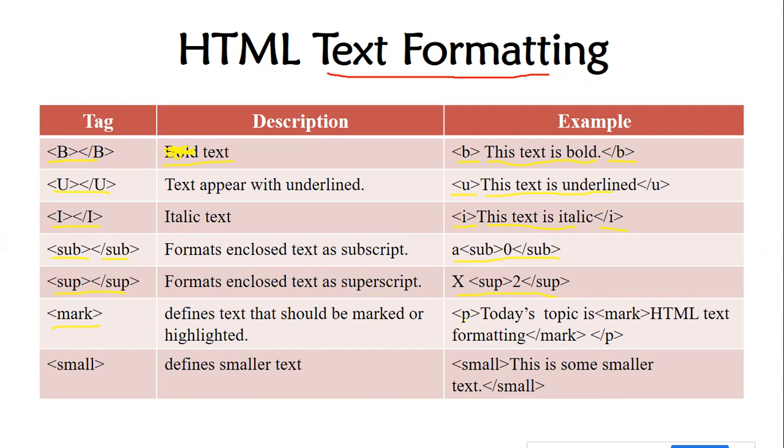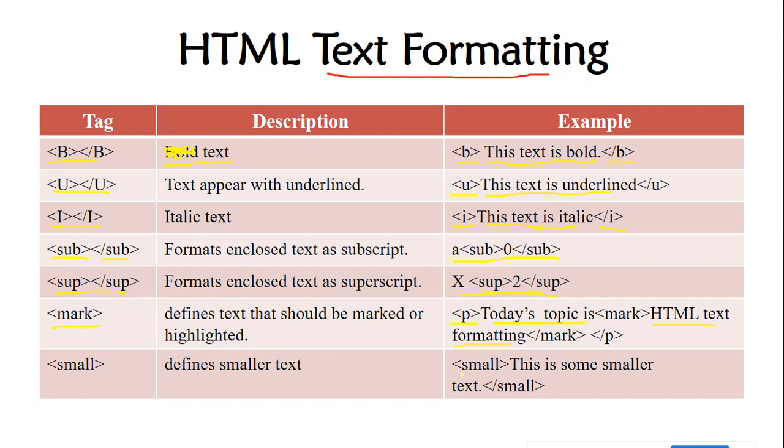The example of this mark tag is in the paragraph tag. There is the content: today's topic is HTML text formatting. Suppose in this line I want to mark only the topic name, HTML text formatting. So before the words HTML text formatting, open the mark tag, and after them close the mark tag. And the last point is the small tag, which defines smaller text.